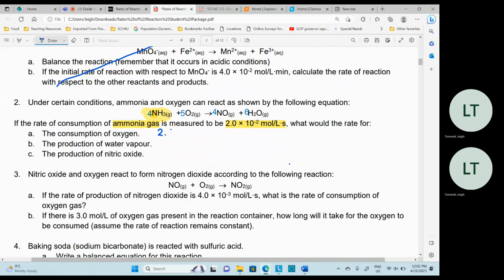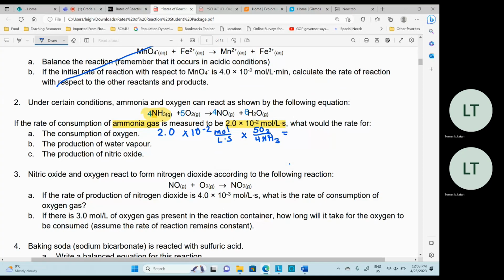So 2.0 times 10 to the negative 2 moles per liter second. And then we just have to multiply it by the ratio of oxygen to ammonia. So there's 5 oxygen for every 4 ammonia. So there's 5 oxygen used up for every 4 ammonia that's used up. So this multiplier is more than 1.